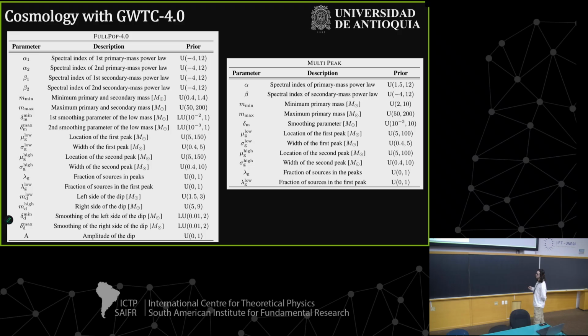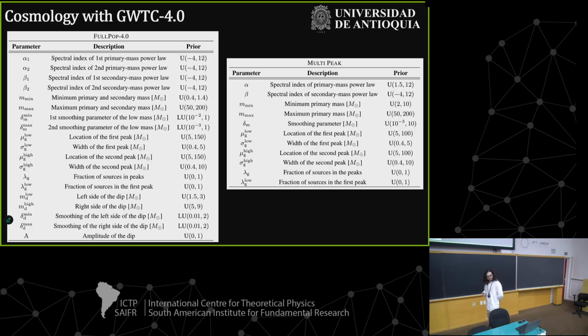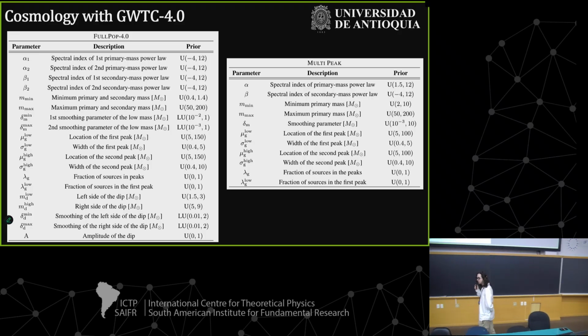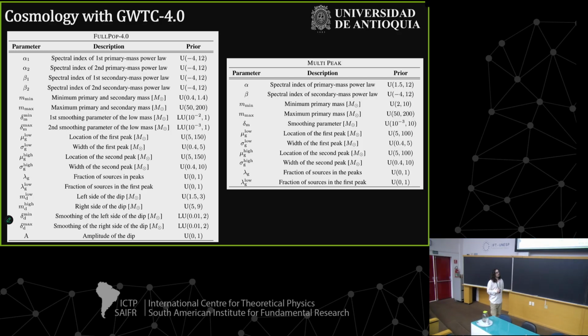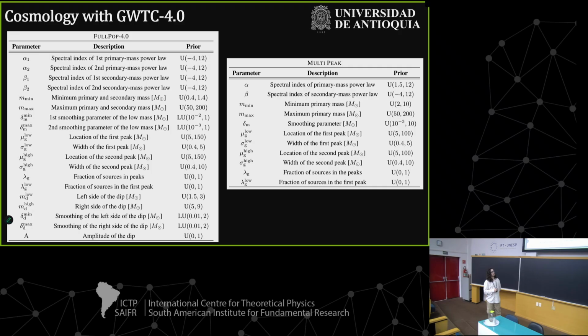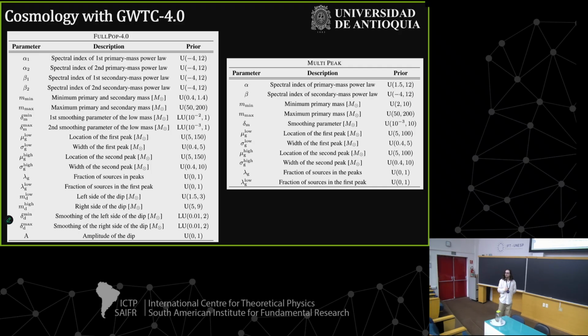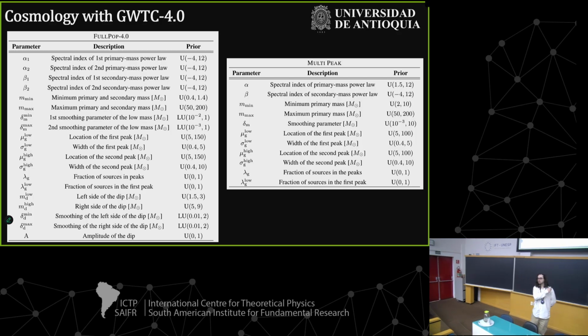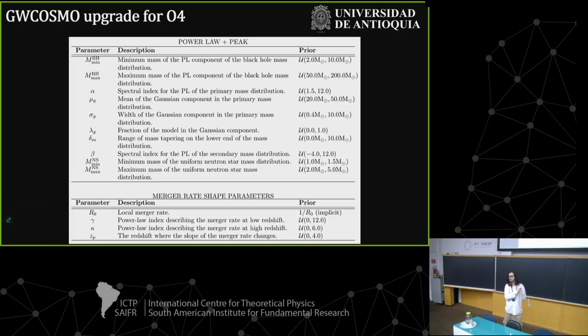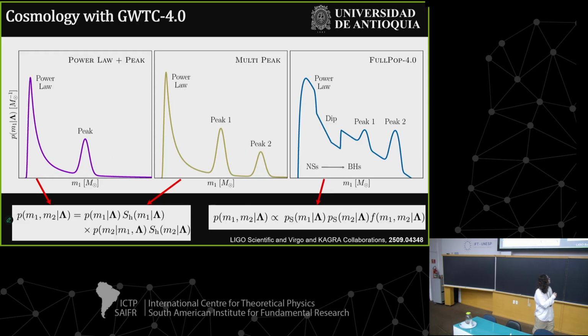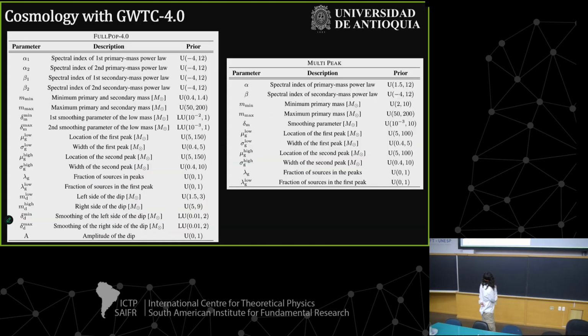Okay, so for the analysis in this case, I am showing here the priors used for the other two population models that were considered together with the power law plus Gaussian peak. For the power law plus Gaussian peak, the priors are basically the same ones that I showed previously, so that's why I'm not showing it again. But for the multi-peak and the full pop, these are the priors used for all the parameters of the different distribution models.